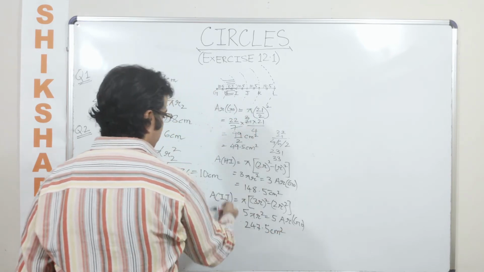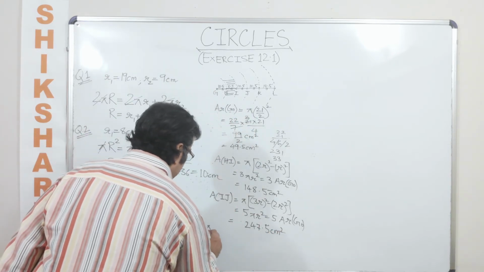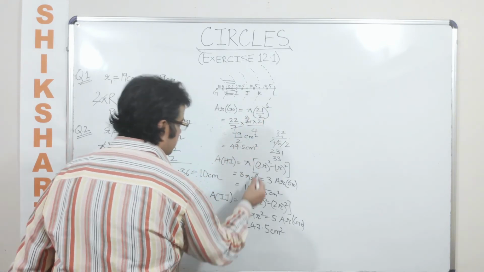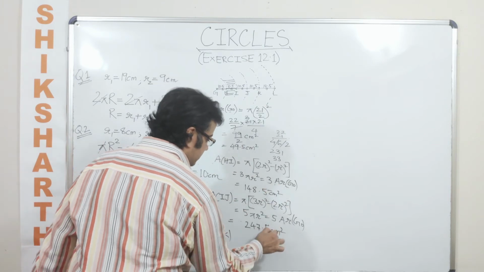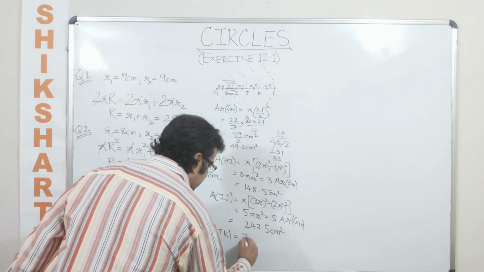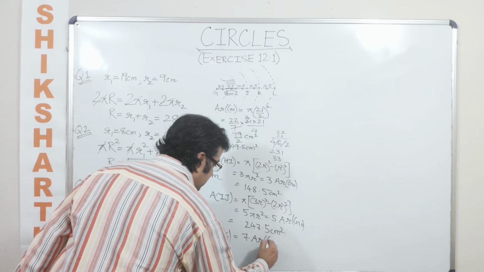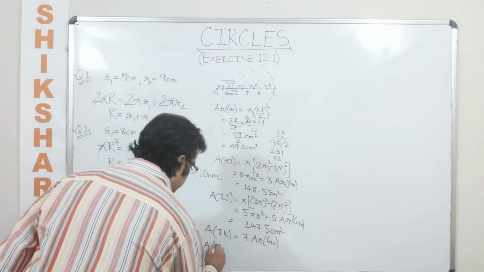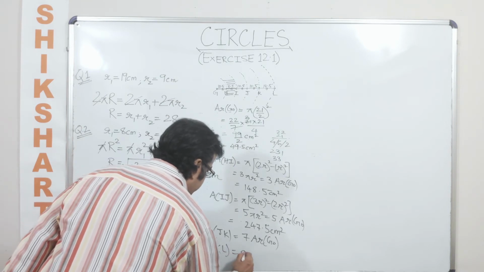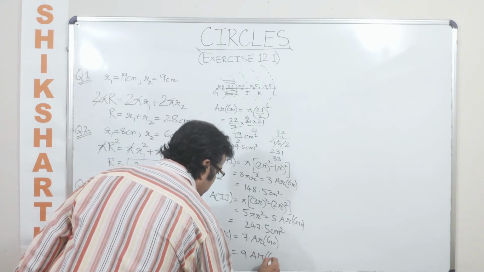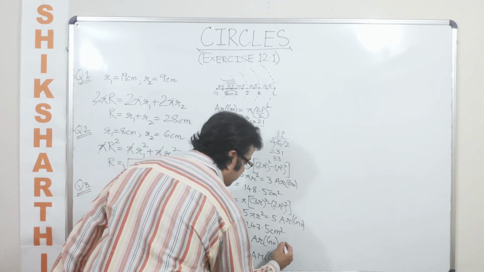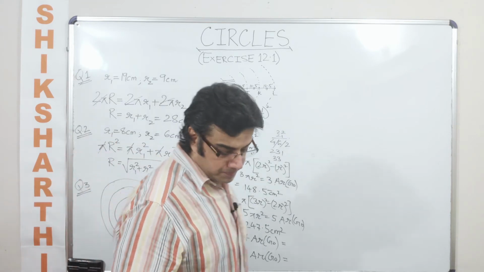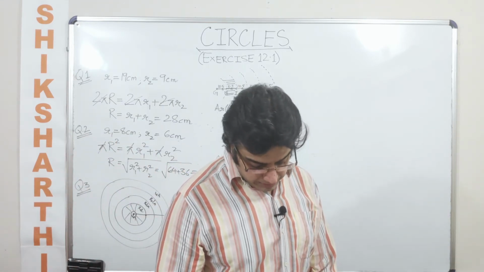Now using the same logic you can find out the others. So you can say that the area of JK, so this was, let's say this was 1 time, this is thrice, this is 5 times, the next one should be 7 times the area of the gold one. And talking about the last one, which is KL, should be 9 times of the area of the gold colored circle, which you can always multiply and you can find it out if they had asked us to find this only.